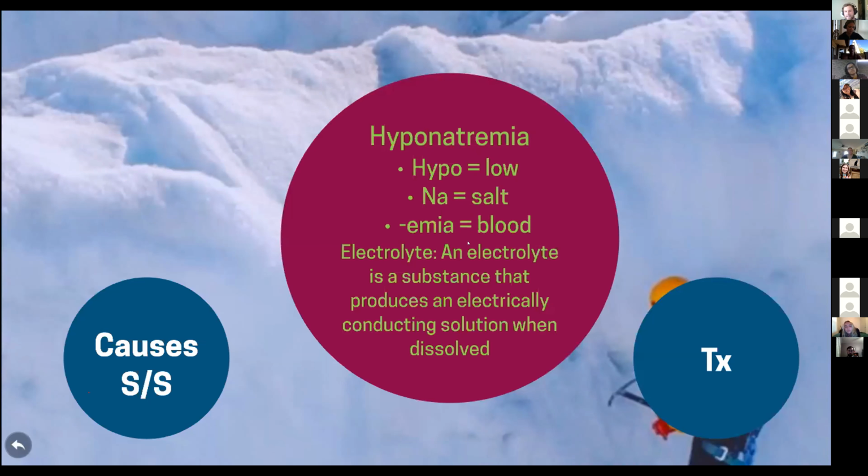And what is an electrolyte? There's this definition here, but the way I like to think about it is an electrolyte is anything that helps carry out a physiological process in your body. So it's anything that's going to be helping facilitate an electrical movement within the body.